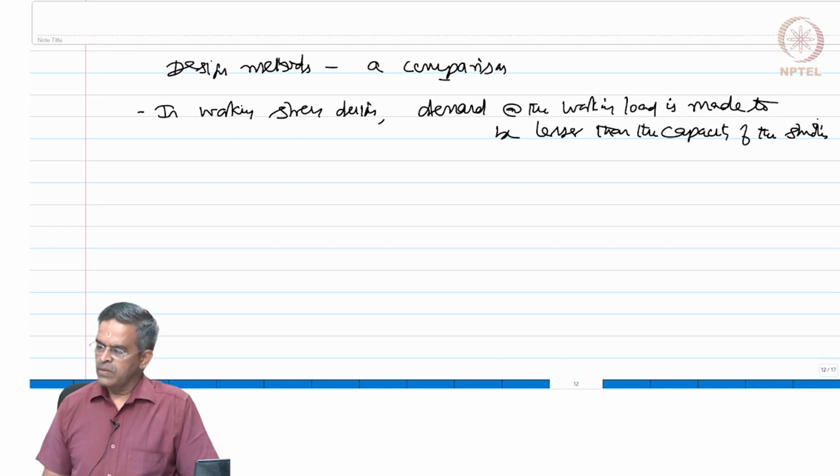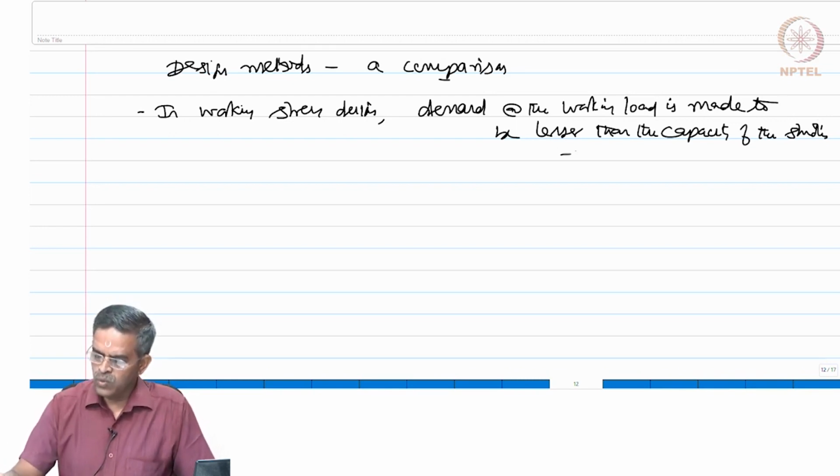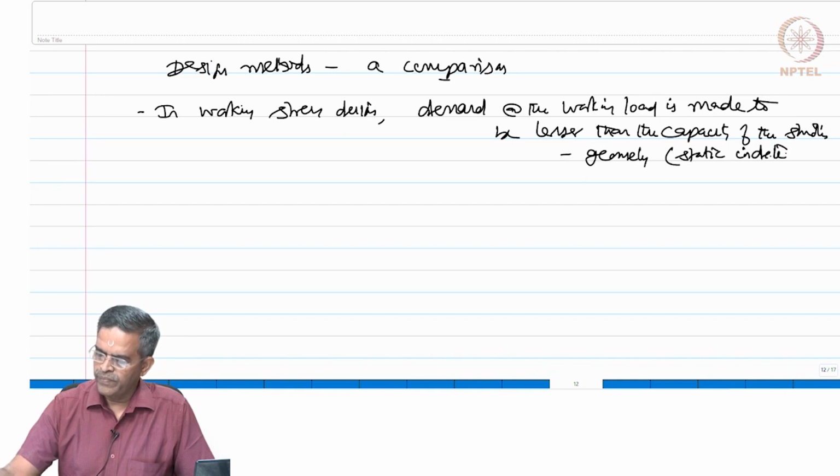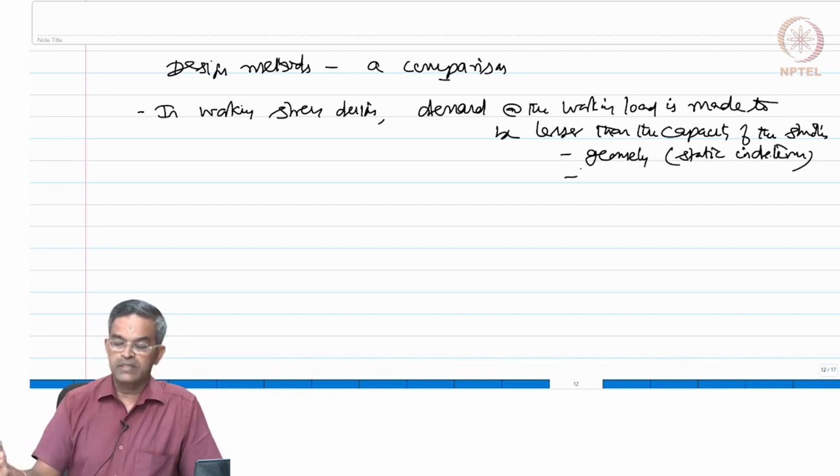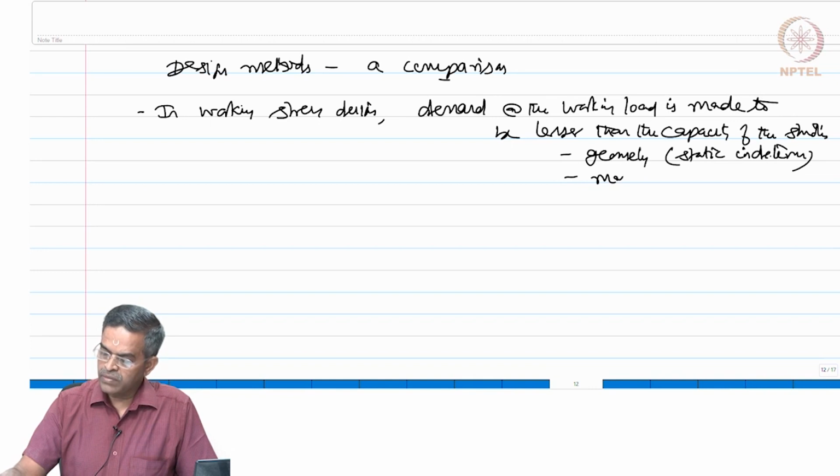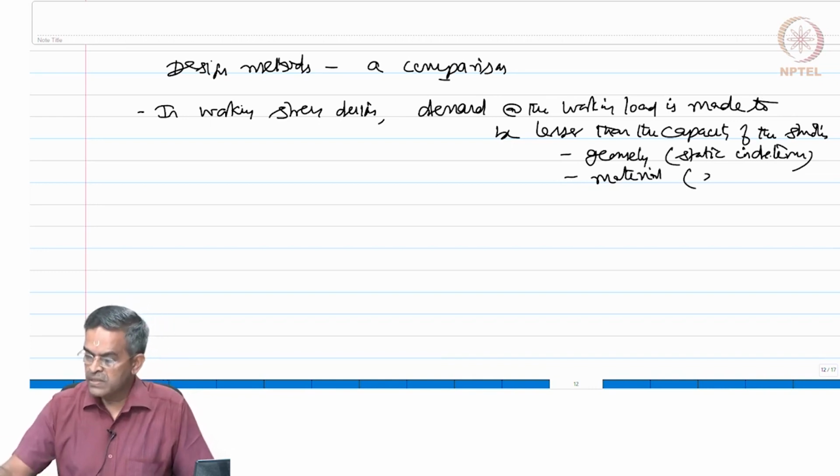Okay. Now, the capacity of the structure comes from two sources. One comes from the geometry, which is static indeterminacy, redundancy we call. The other comes from the material. The one which comes from the material is stated as allowable stress limit.